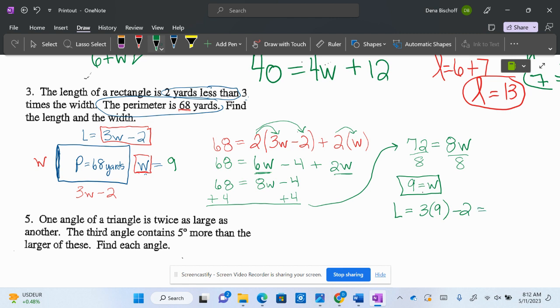And 27 minus 2 is 25 yards. So I'm going to wait for everybody to make sure that they have that written down.